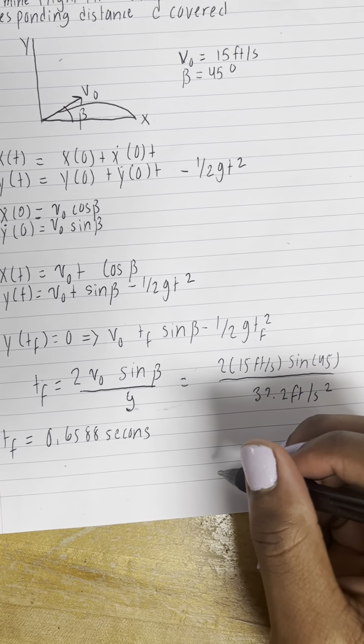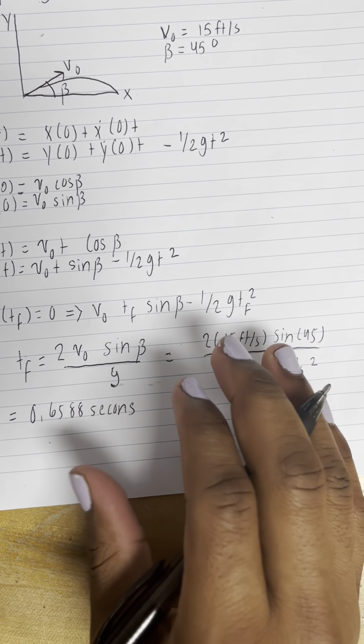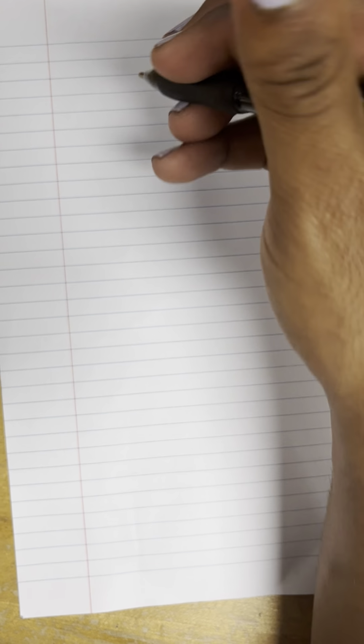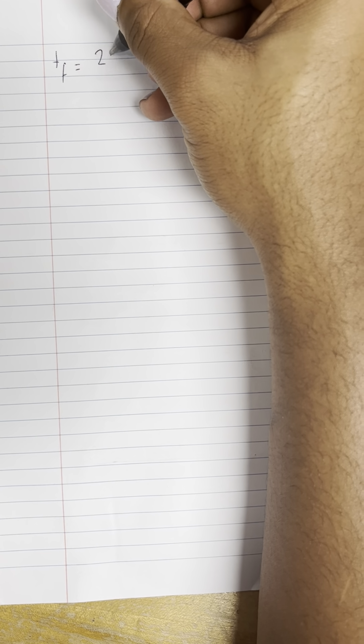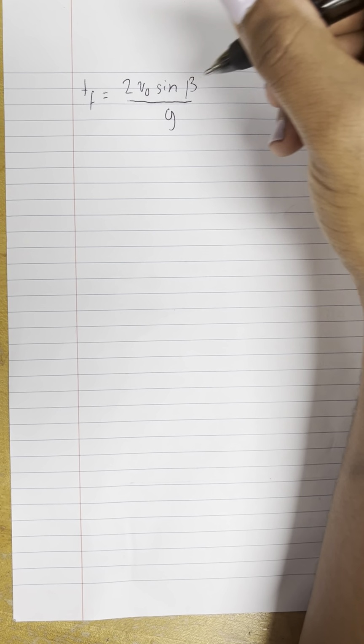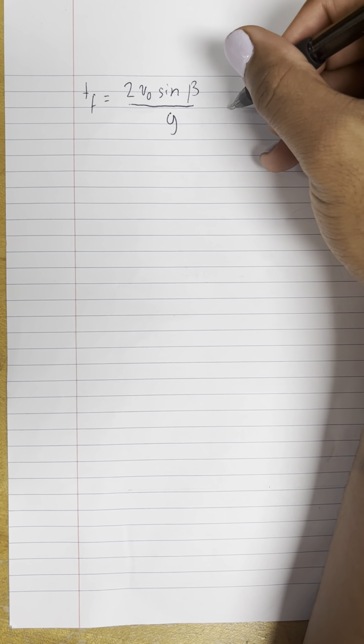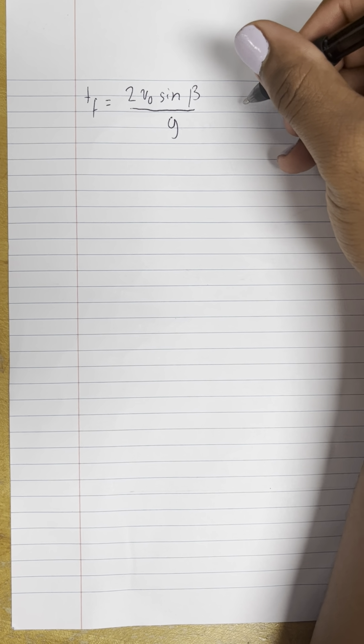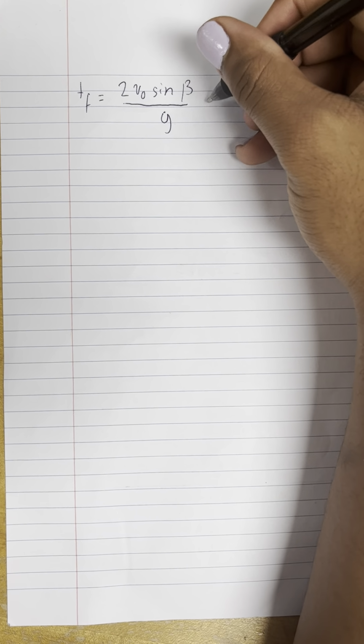Now another substituting part is where we find our distance. You substitute this last piece, this tF, into this equation that we had before for the x.